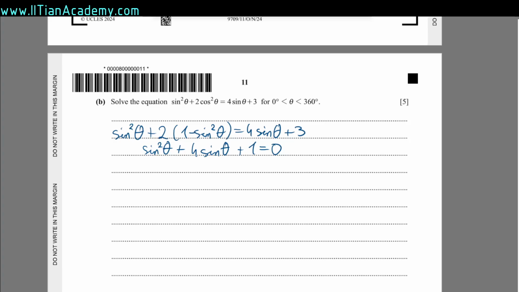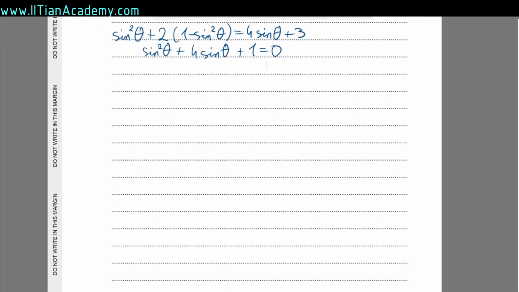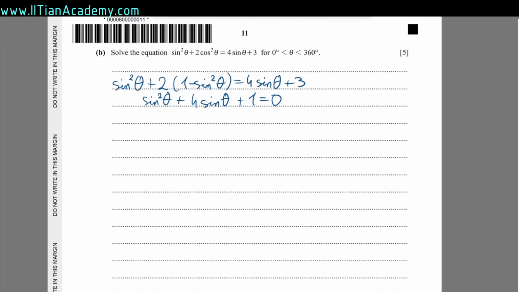So if we look at this, unfortunately, we don't really see a simple way to factorize this. So unfortunately, we will have to go for the quadratic formula over here. So we can just say that sine theta is going to be minus b plus minus the square root of b squared minus 4ac, divided by 2a.